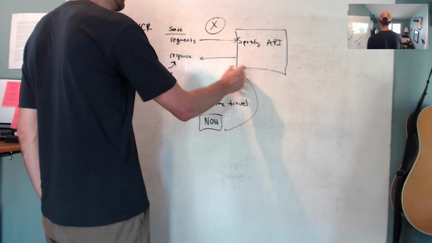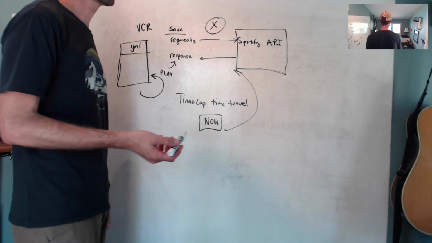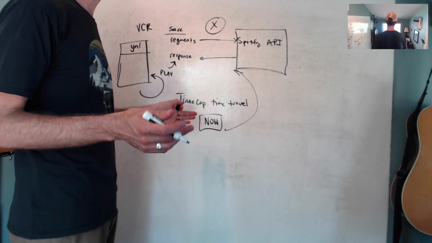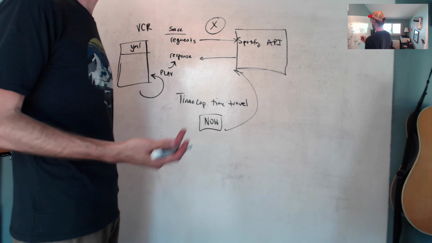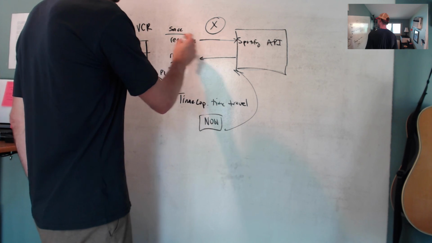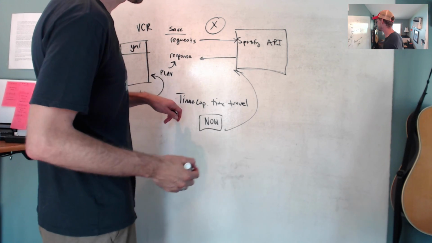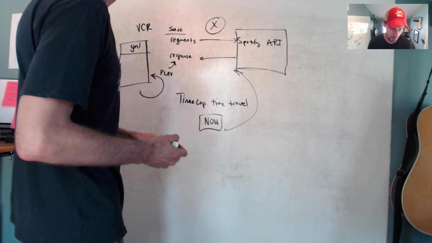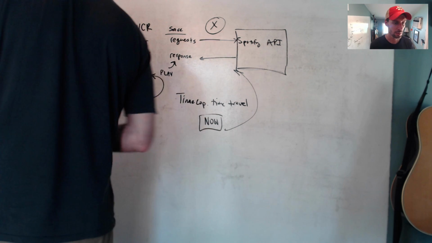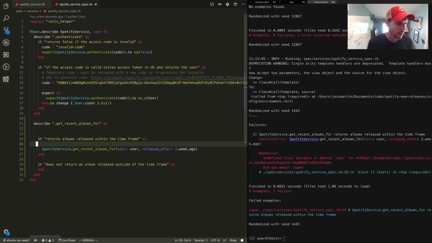And then when we run the method saying get all albums released in the last 2 weeks, that method will continue to return a consistent number of albums into the future, because even though the albums are released further and further back, we'll have this Timecop time travel set to a time that we check in. You'll see how it works in just a second, but I did want to walk through that logic because it may seem a little confusing, and it's hard to talk through in code. Maybe easier on the whiteboard.